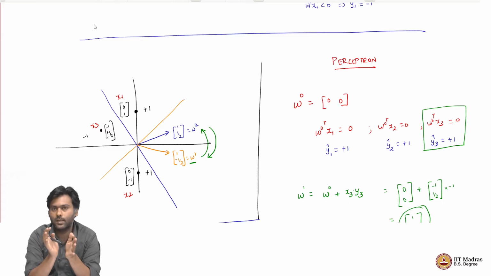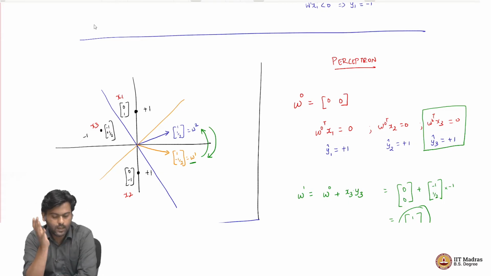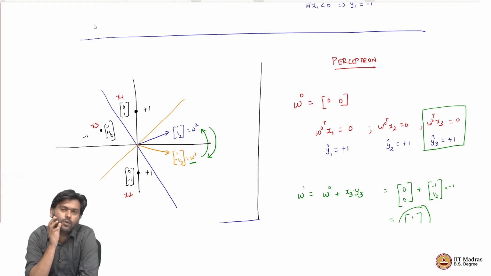So what does this tell us? It tells us something interesting about the algorithm itself. We started with a data set which, according to our definition, is linearly separable, and we ran our Perceptron algorithm.